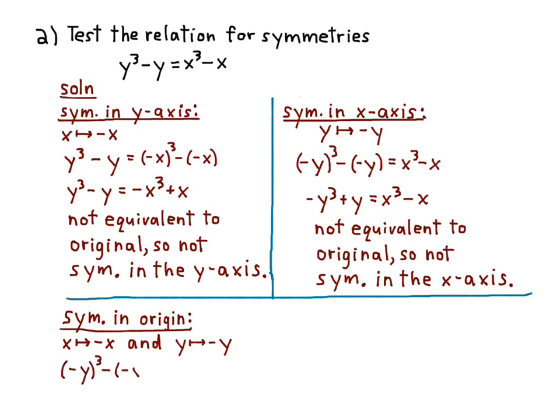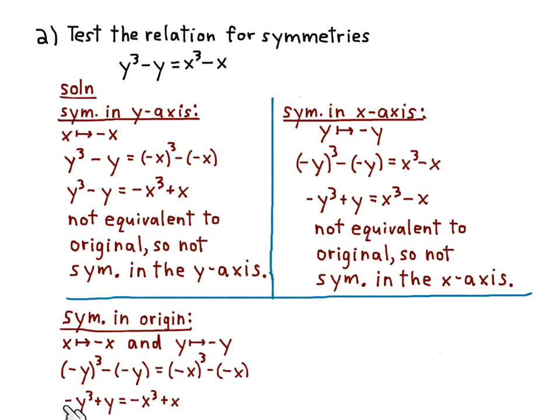So I've got negative y I plugged in for the y, and I plugged in negative x for x. And then I simplify, and I get negative y cubed plus y equals negative x cubed plus x. Now, if you look at it, the left-hand side of the original is the opposite of what I got. But the right-hand side of the original is also the opposite of what I got.